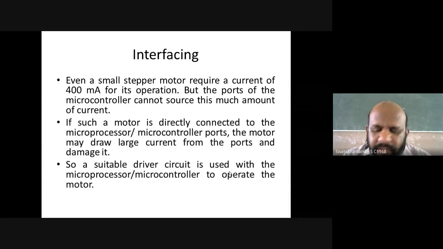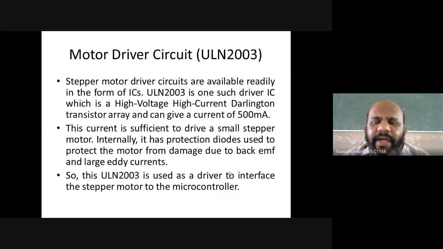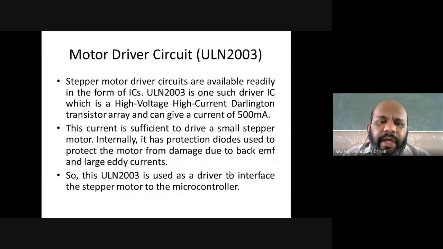I'm going to rely upon a driver circuit called ULN2003. Okay, so this is an IC which is readily available to us, a high voltage, high current Darlington transistor array, and this can give a current of 500 milliamps. But my requirement is only 400 milliamps, right? So this IC is a particular aid for me to have this application driven, right? And as I said, this current is sufficient to drive a small stepper motor, right?